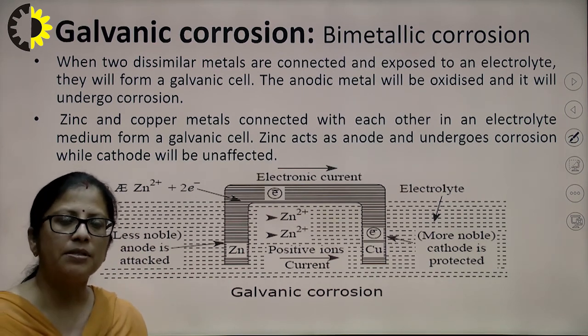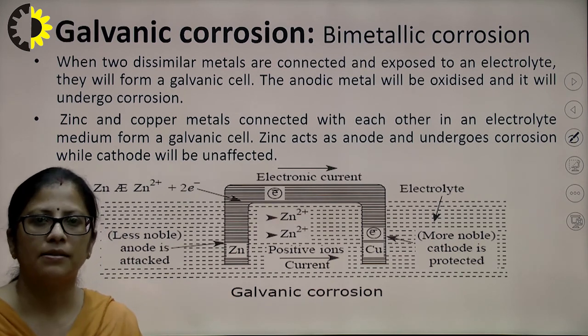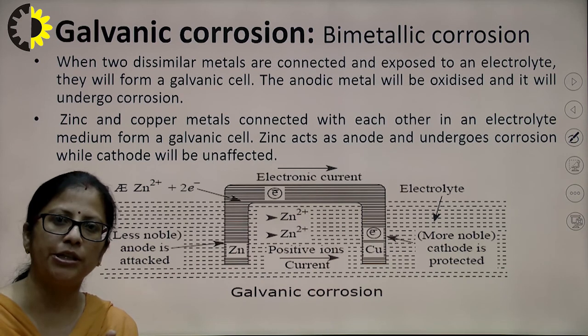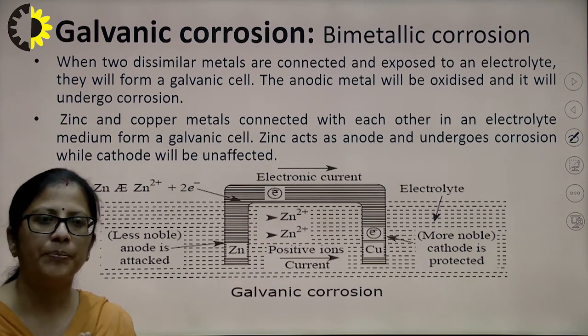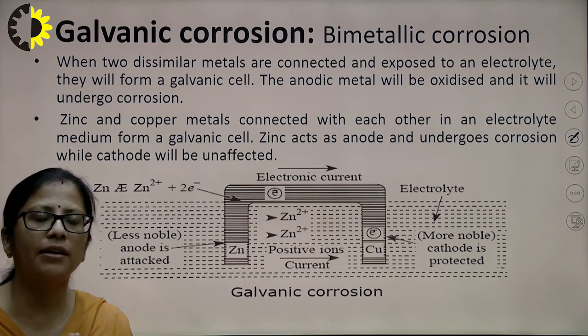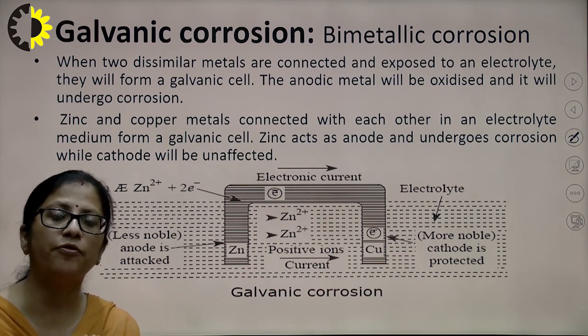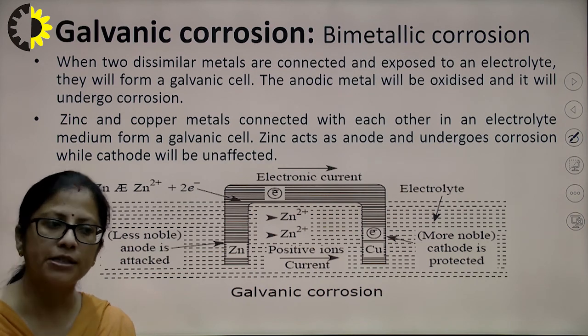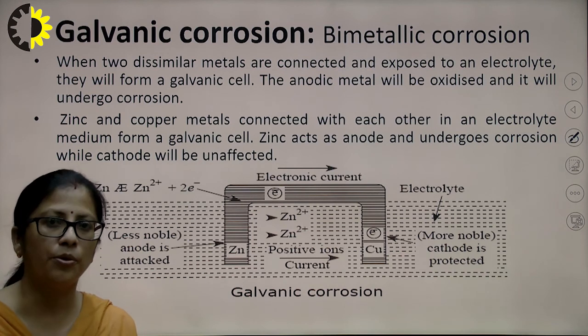What happens if we keep two different metals in contact with each other and they are jointly exposed to the corrosive environment? Then the metal which is higher in the electrochemical series will undergo corrosion because it has a tendency for oxidation, and oxidation in the case of corrosion necessarily takes place at the anode.